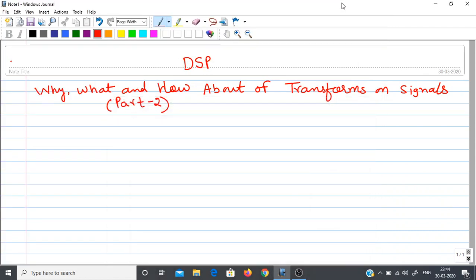Hi everyone. So in my previous lecture, we were discussing some questions regarding transforms, like what is a transform, why do we take a transform, which are the other transforms, and how many transforms are possible for the given class of signal.